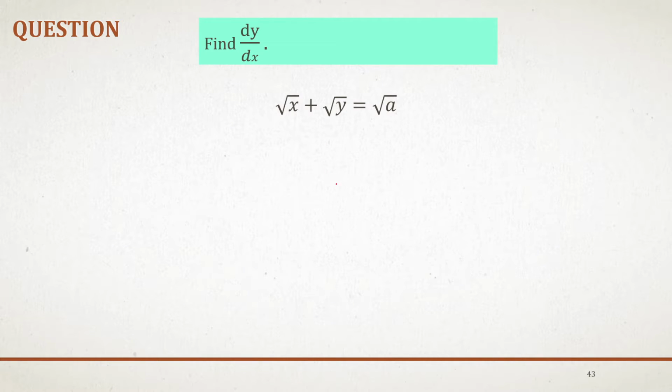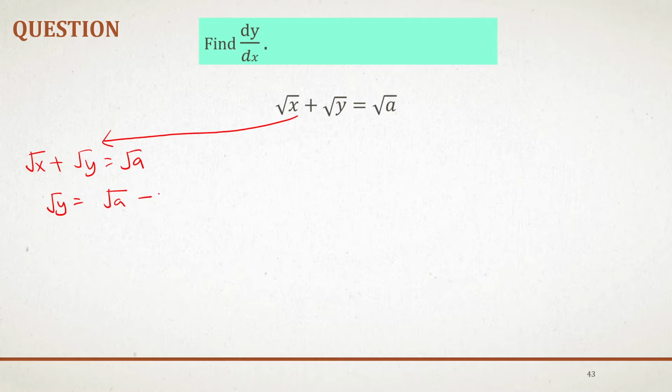Okay, now how about this one? If you look at this question, you have two ways to solve it. One way is you rewrite it, so you have root x plus root y equals root a. So your root y equals root a minus root x, and then your y becomes root a minus root x squared.